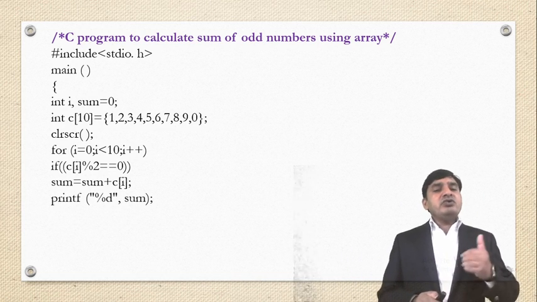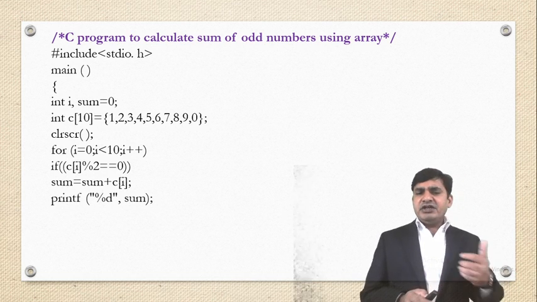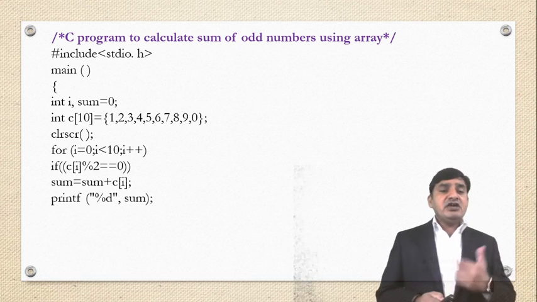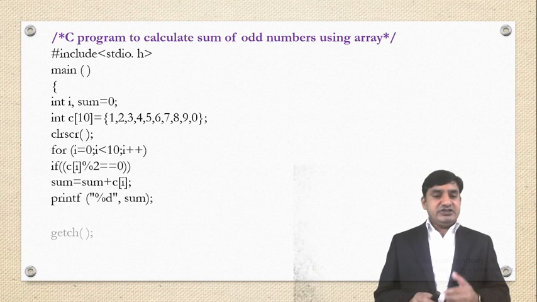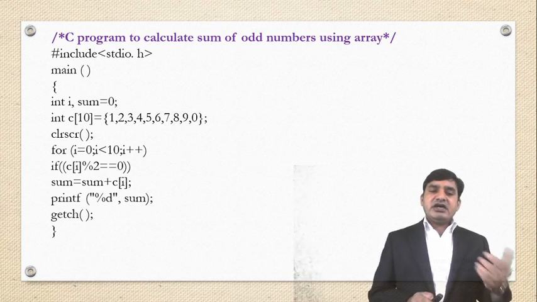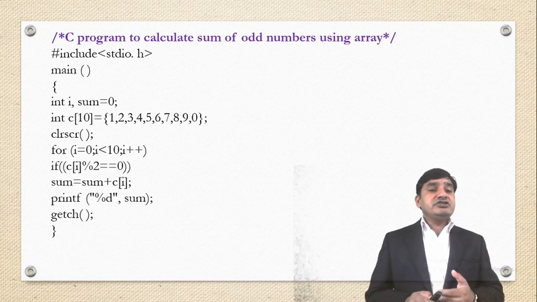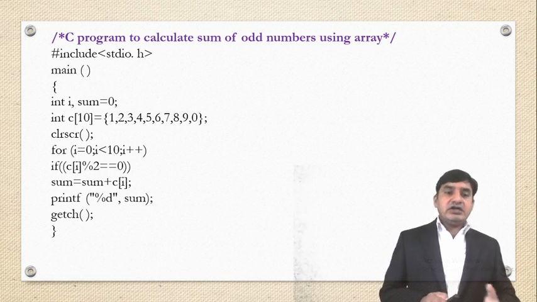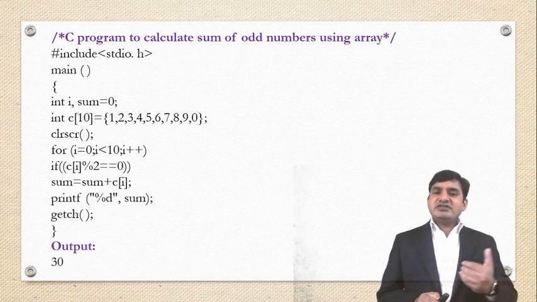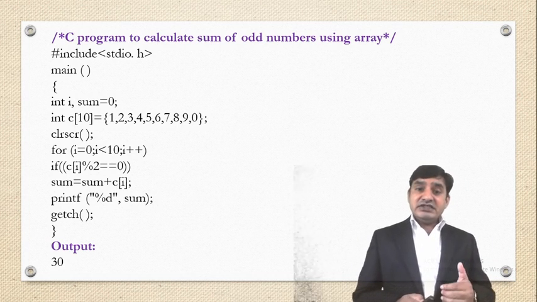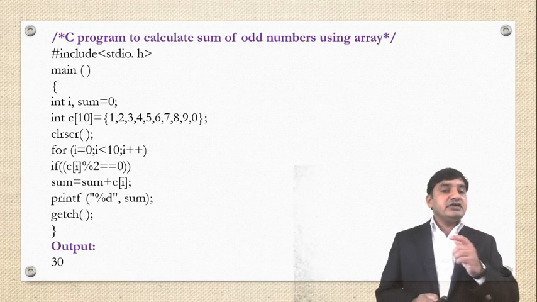Now we have to display this sum on the screen by using the printf function. So printf %d. Why %d? Because the sum is also an integer. Now getch, and the body of this program is enclosed in a closing curly bracket. The output of this is 30. That is, the sum of odd numbers is 30.